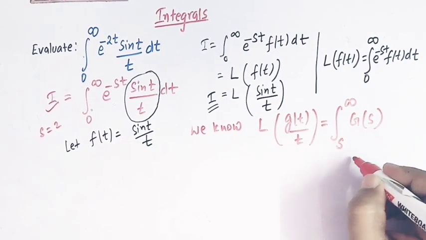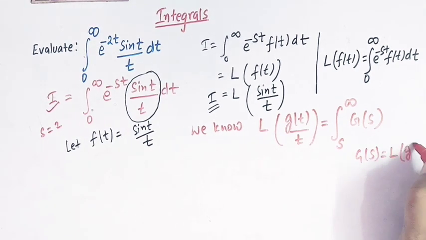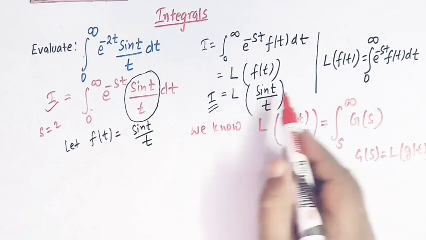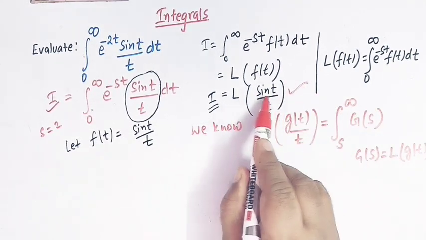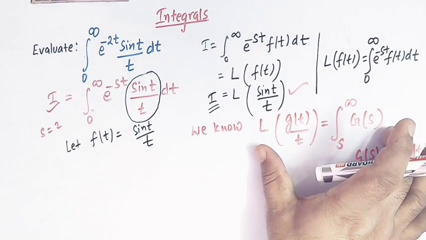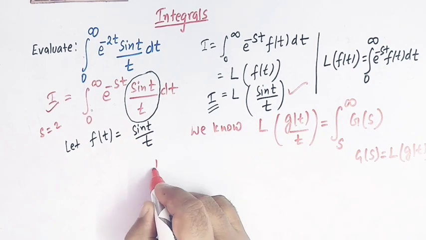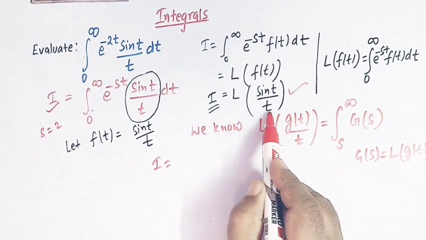Where g of s is the Laplace transform of g of t, right? So here to get the value of this expression, that is Laplace transform of sine t over t, we'll use this result, right? So we can now have I is equal to Laplace transform of sine t over t.